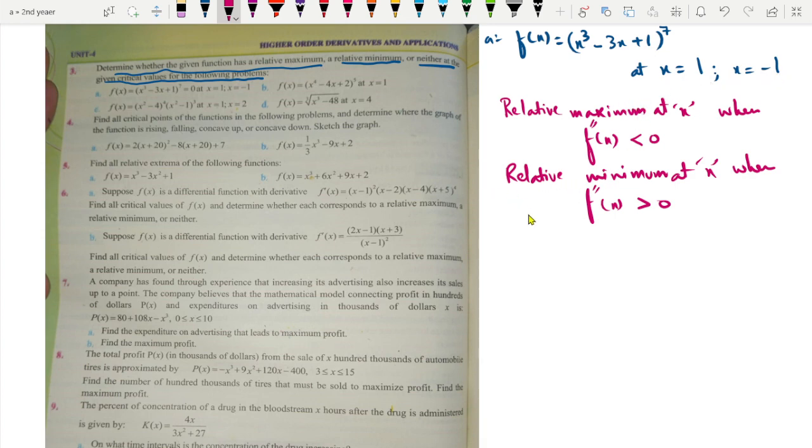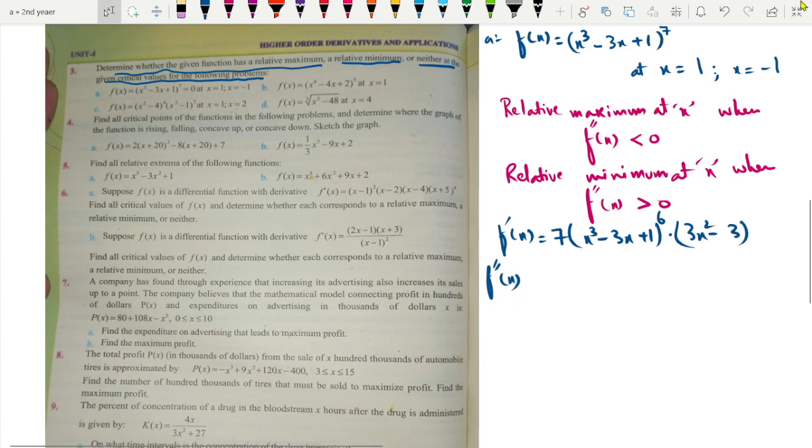First of all, we will take the first derivative of the function, which will become f prime of x equal to 7 (x^3 minus 3x plus 1)^6 into (3x^2 minus 3 plus 0). Now we will take the second derivative of this function, f double prime of x.